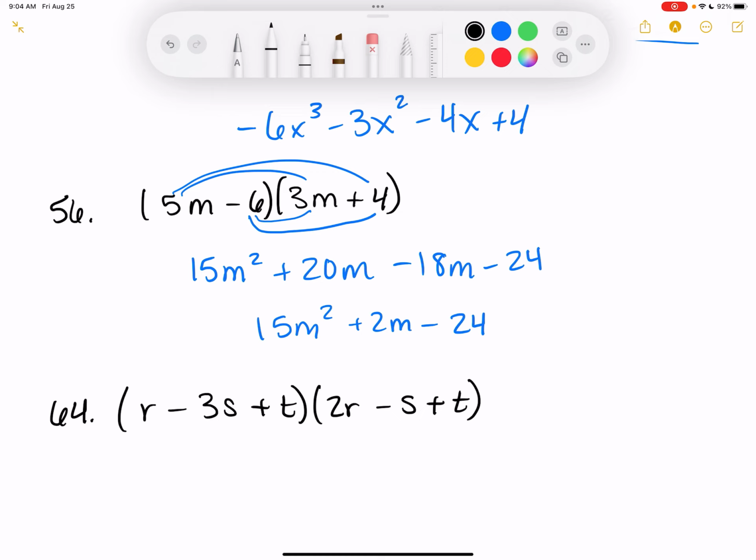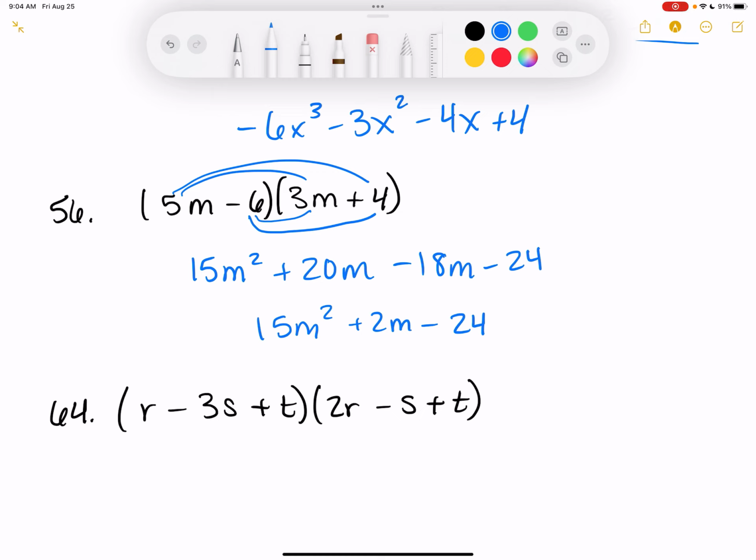I do the first term times everything in this parentheses, then the second term times everything in this parentheses, then the last term times everything in this parentheses, and then I combine like terms. You do have to be really careful with this problem because it has 3 different variables, so we have to make sure the variables match up when we're combining like terms. Anything that has multiple variables, they have to both be present to be able to add them together. And I will always write my variables in alphabetical order when I'm multiplying.